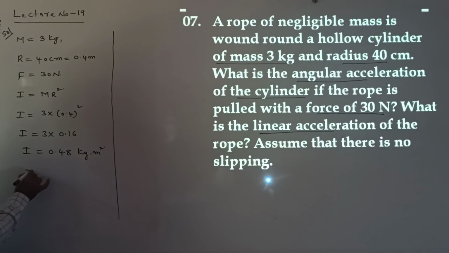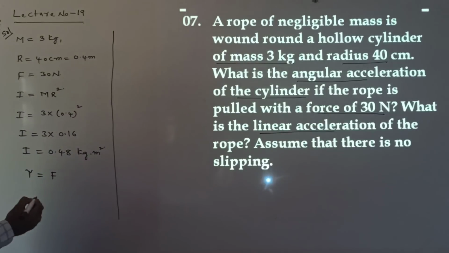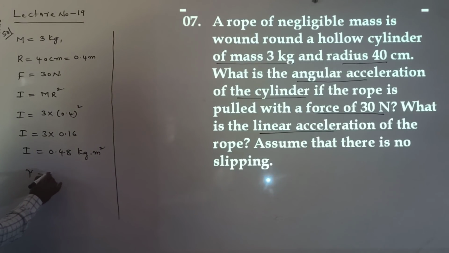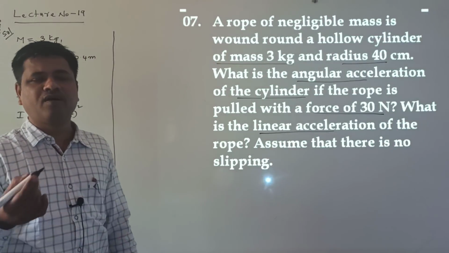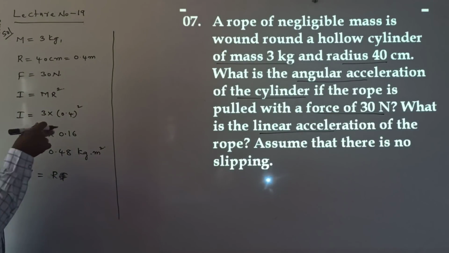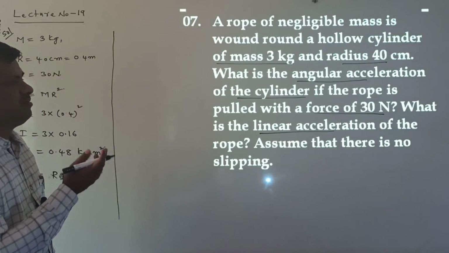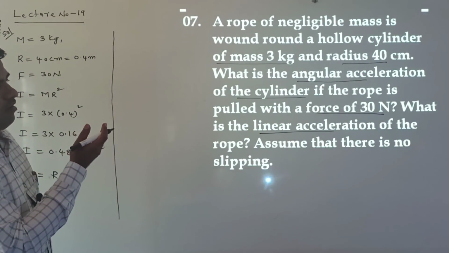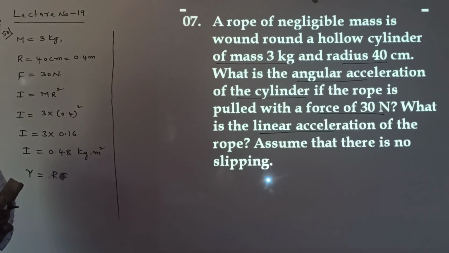Torque is equal to, the general formula, R cross F. In magnitude form I take R into F. Because the rope is pulled with a force, the radius and force are acting at right angles, so torque is equal to R into F.